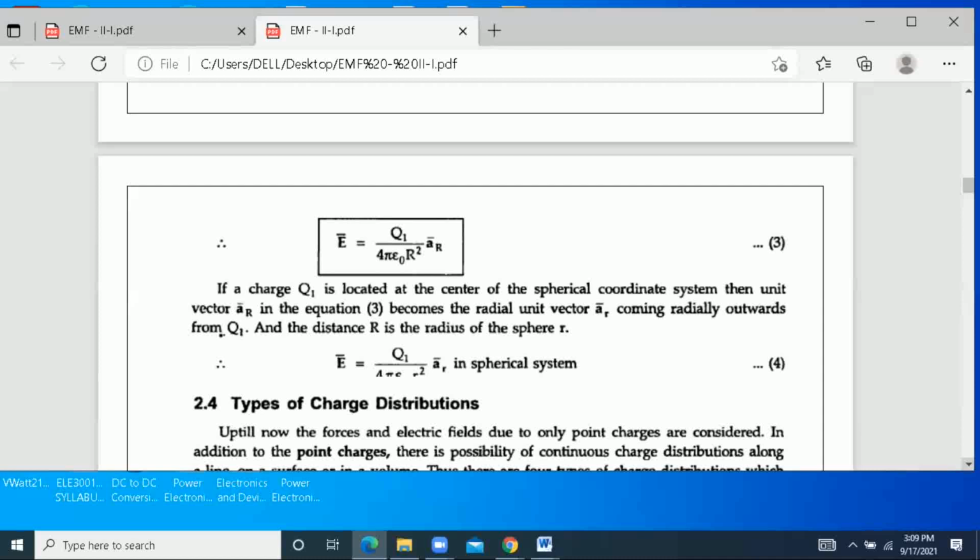We can have a line charge, a sheet of charge, or a volume of charge. And these charges can take any different shape.